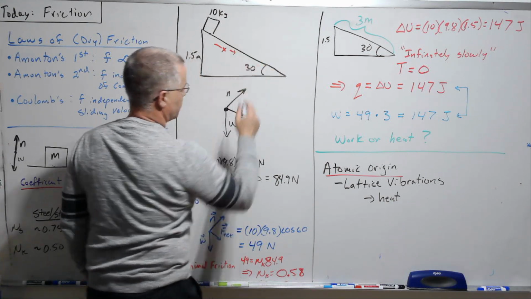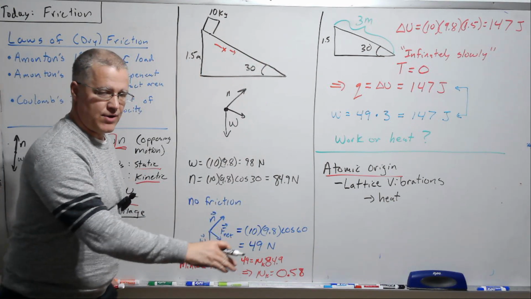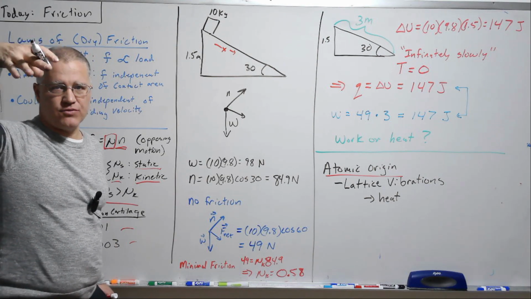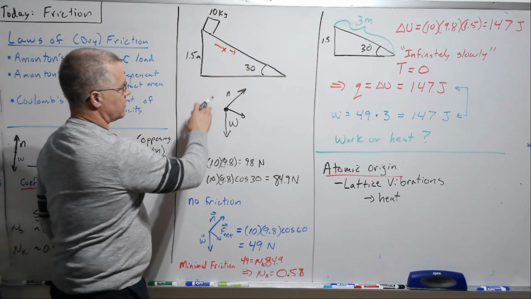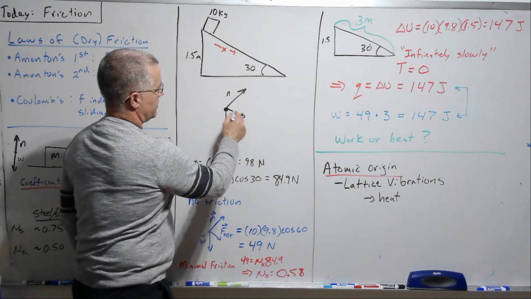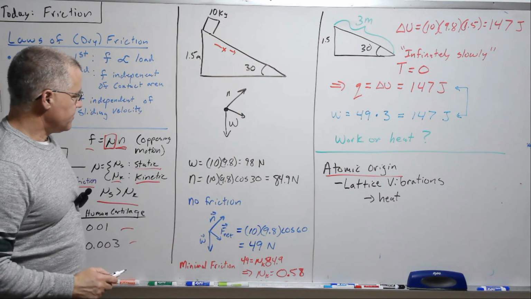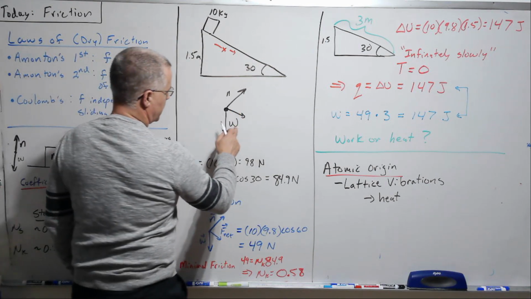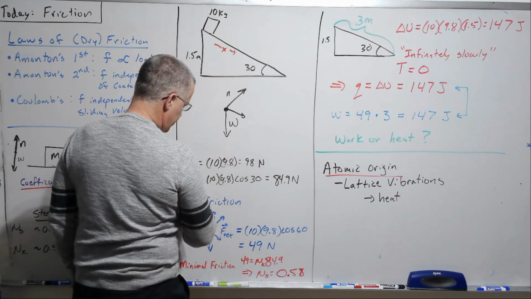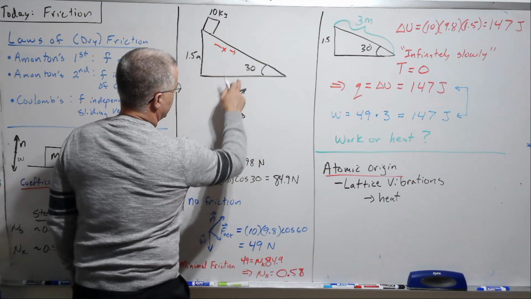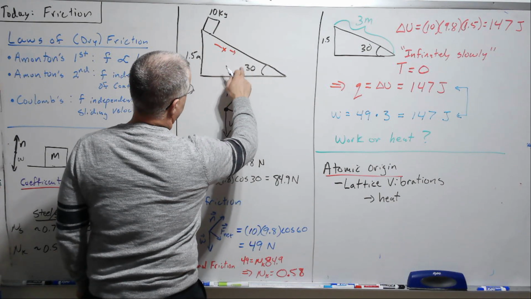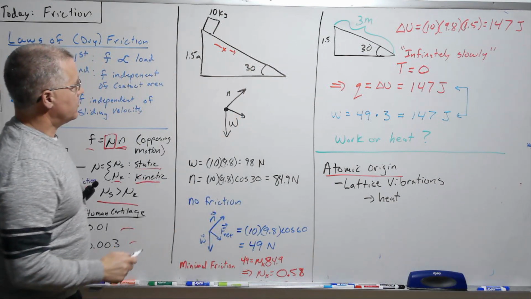And so the box would accelerate down the ramp. Now, it won't accelerate as much as if it was just dropped, but it will accelerate down the ramp with this amount of force. And actually, this would be, I think, weight times cosine or sine of 30 down the ramp.